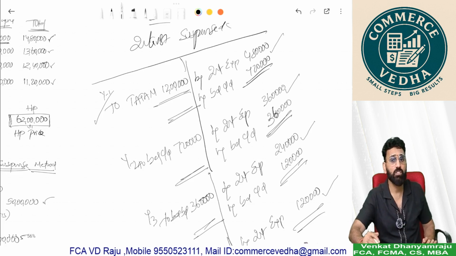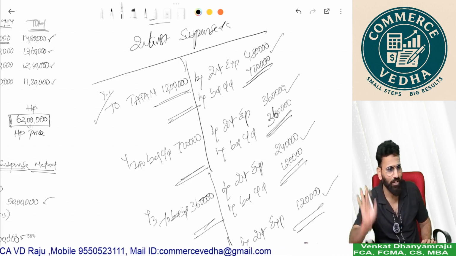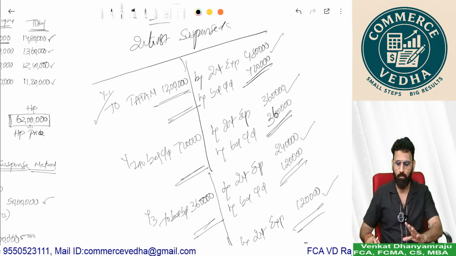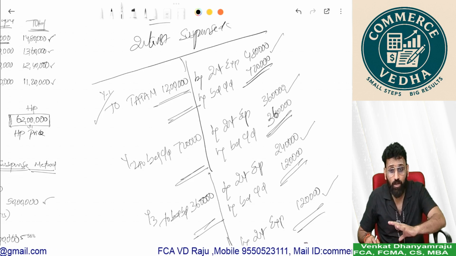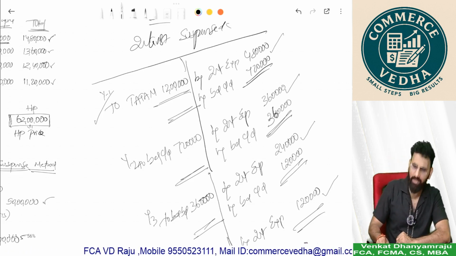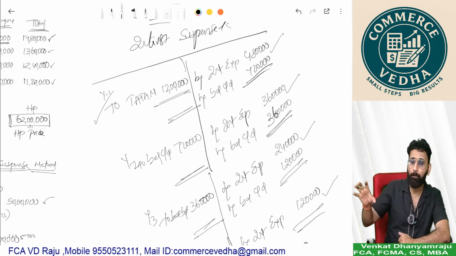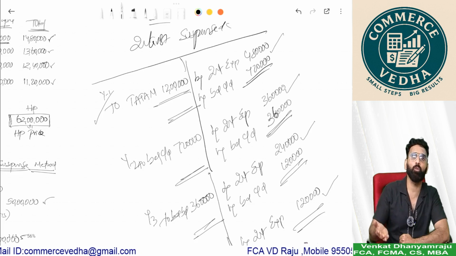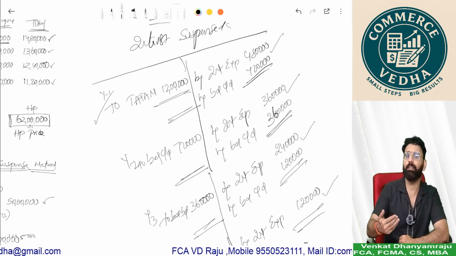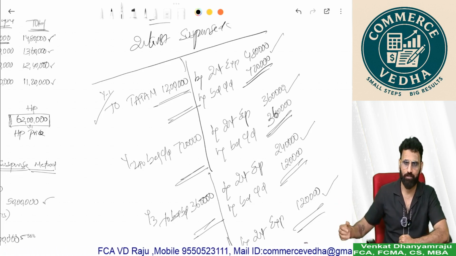All these interests shall be transferred to P&L at the end of each year. So this is all about how to understand interest suspense account in hire purchase. In the next session, I'll be picking a few sums from the CMA textbook and we'll be doing those sums to complete the entire chapter on hire purchase. Thank you.